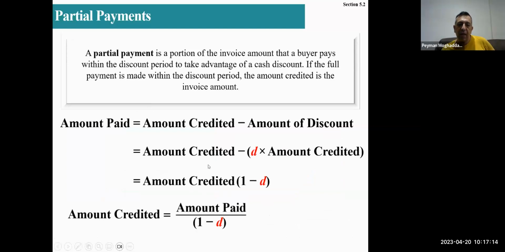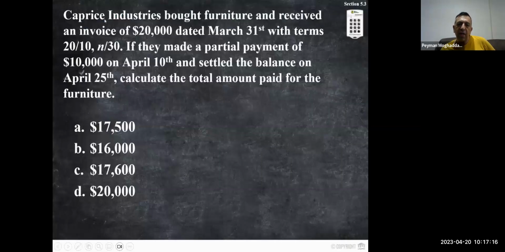Okay, and then let's do an example here. Caprice Industries bought furniture and received an invoice of $20,000 dated March 31st with terms 20/10, n/30. If they made a partial payment of $10,000 on April 10 and settled the balance on April 25, calculate the total amount paid for the furniture.